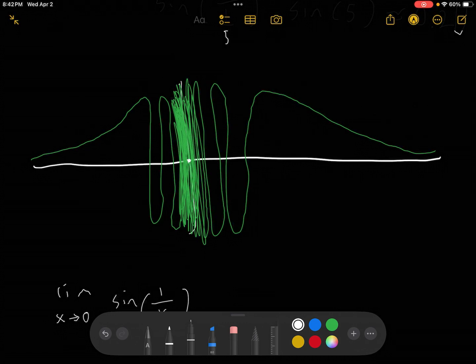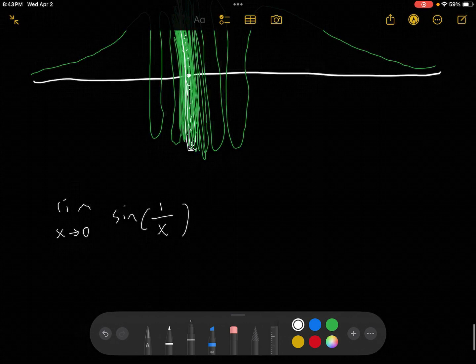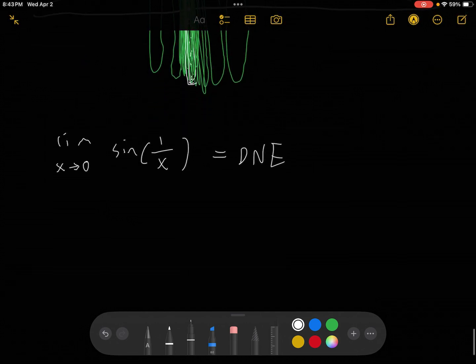It keeps switching between anywhere from 1 to -1 and any of these numbers in between. And as you get closer and closer, it starts changing faster and faster and faster. So as you approach 0, f of x still takes all values in this entire range. We can't pinpoint a single number that it's converging to. So we see that this limit does not exist.